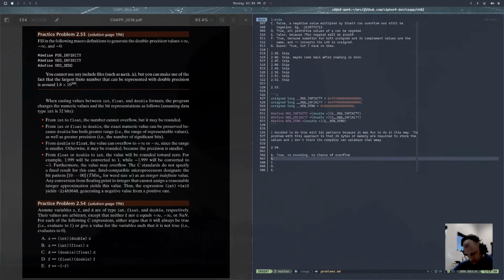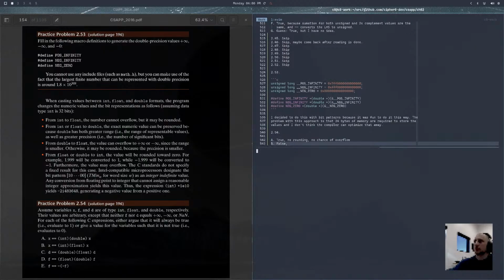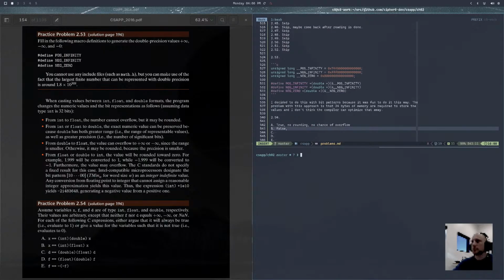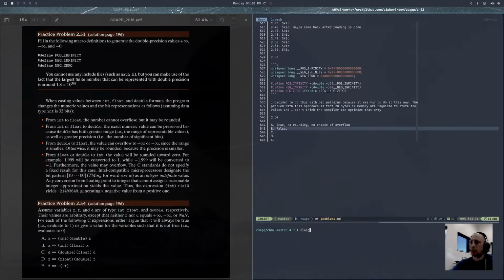B, so we go to a float. Let's say false. And I could do this in Clang REPL. And in here, I'm just going to say include standard IO.